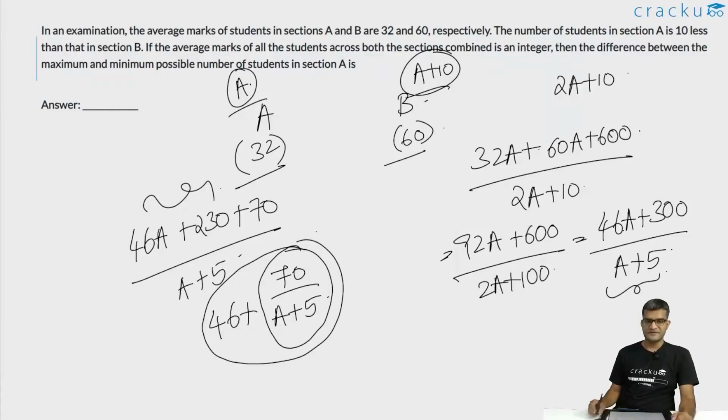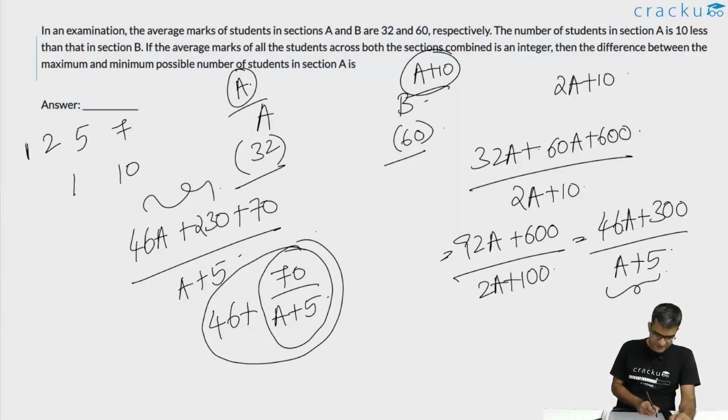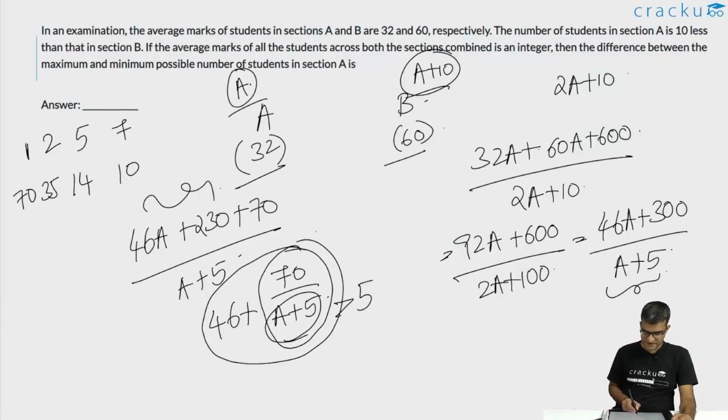What are the factors of 70? The factors of 70 are 1, 2, 5, 7, 10, 14, 35 and 70. Now A plus 5 can be one of them, but because the number of students in section A will be at least 1, A plus 5 cannot be 1 or 2 or 5.